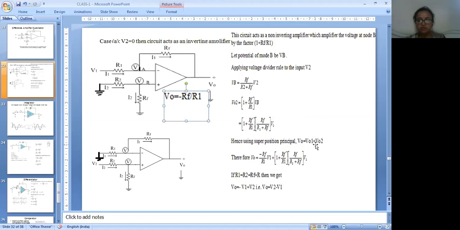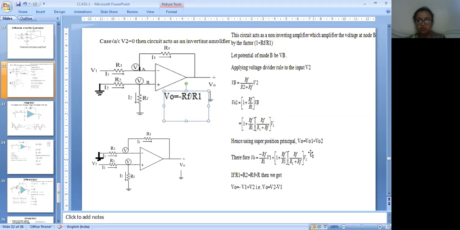V01 is minus RF by R1 into V1, then plus 1 plus RF divided by R1 into RF divided by R2 plus RF into V2. This is the total voltage that is available.